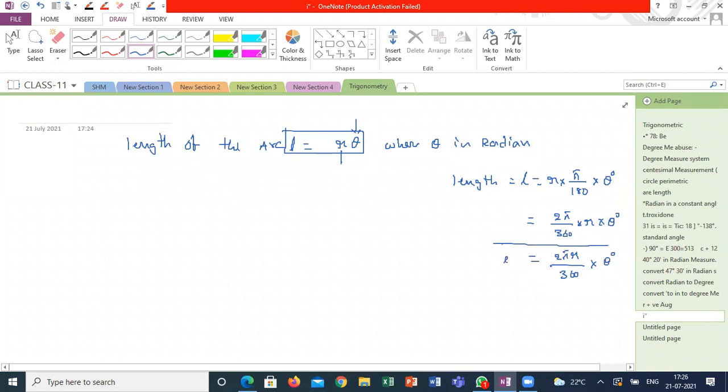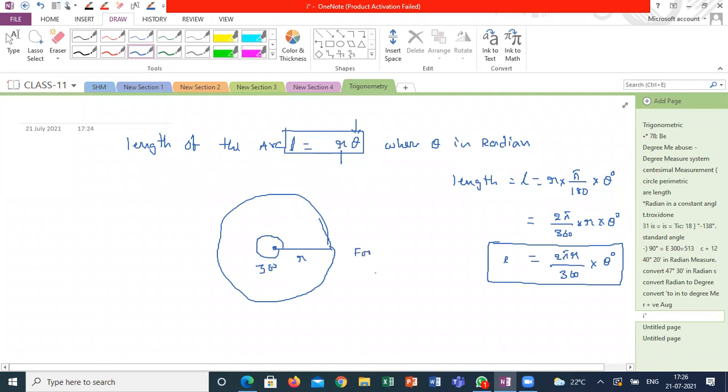With respect to ratios and proportions, how can we discuss this? Suppose an arc of radius r completes one full turn, it completes 360 degrees. For 360 degrees, the distance traveled by the point P with radius r is 2 pi r.